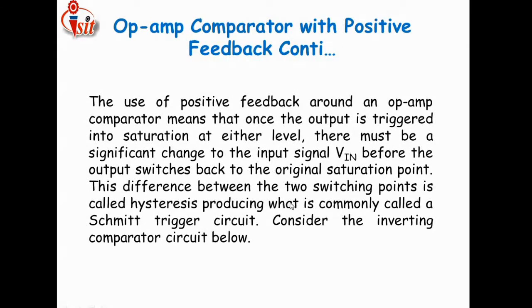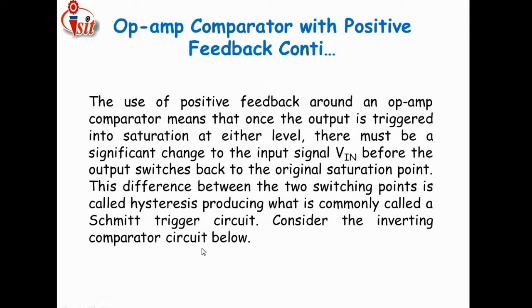This difference between the two switching points is called hysteresis, that is, switching from positive level to negative or negative to positive. Our lecture today focuses on this hysteresis, which produces what is commonly called a Schmitt trigger circuit.